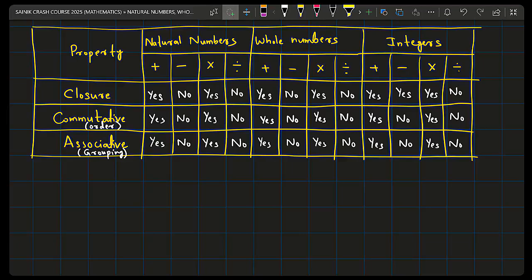You want to check closure property or commutative property? Closure property. If you add 3 and 4, what is the answer? 7. Is 7 a whole number or not? Yes, sir. Not only 3 and 4, you take any two whole numbers and add. Always you are going to get a whole number. That's why we say that whole numbers satisfy closure property under addition. Okay?